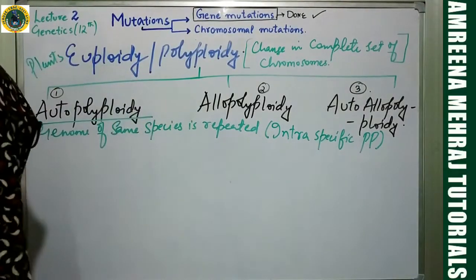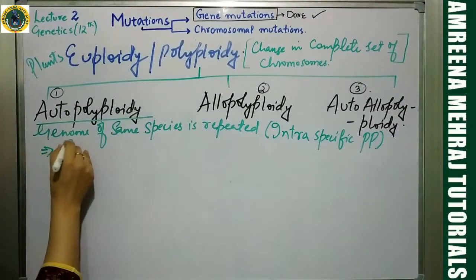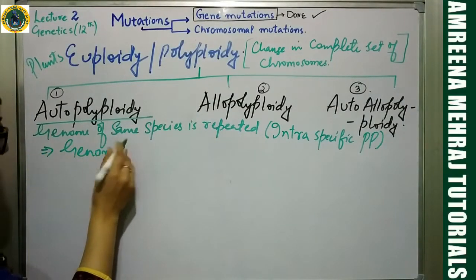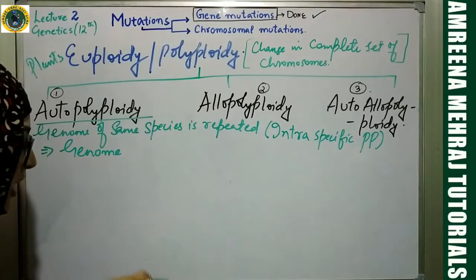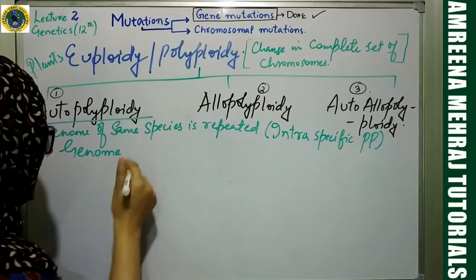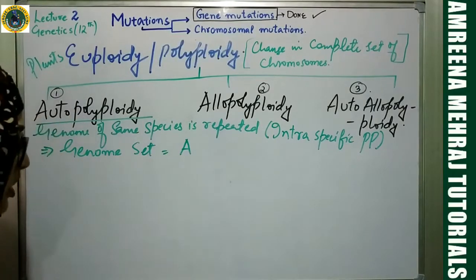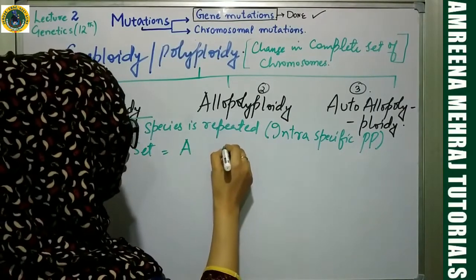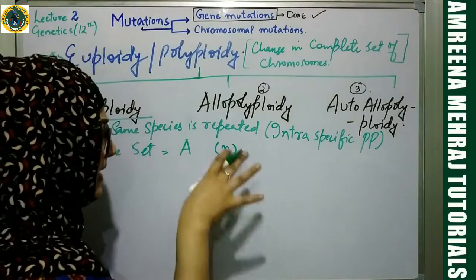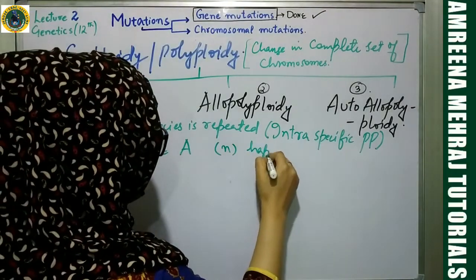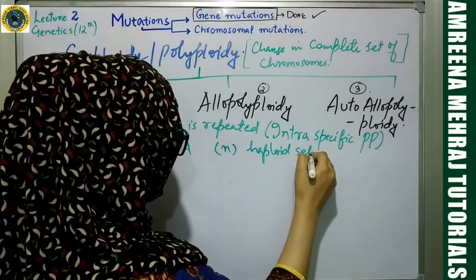Now let me make you understand. Suppose I represent a genome of a particular organism, or rather a genomic set, by a letter A. This A is representing n, that is the haploid set.